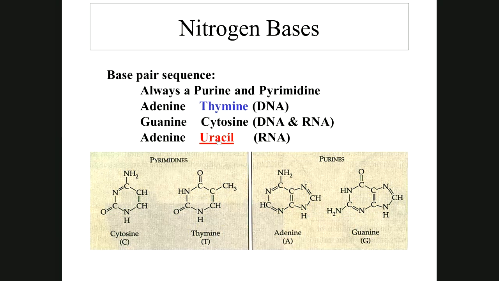Now I kept those straight as far as knowing which are purines and pyrimidines. When I told you about mnemonics you can do, well, when I was taking cell, I had to remember this stuff, but that's why you start getting frantic about mnemonics. I had to remember which ones were single rings and which ones were double rings. And it hit me I could use what's called opposite day.